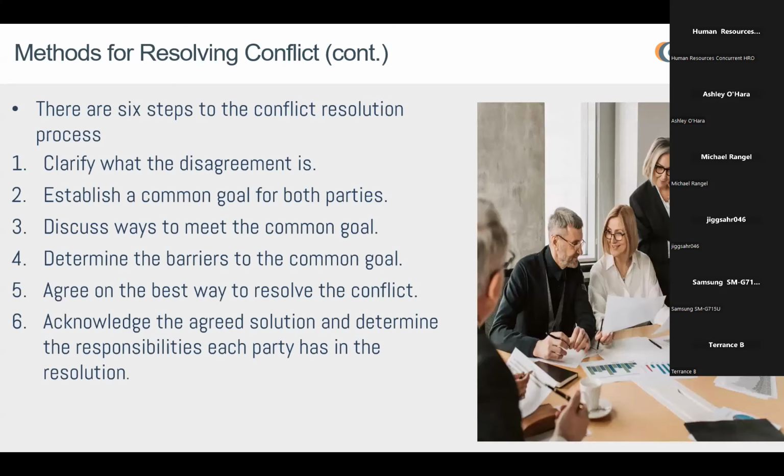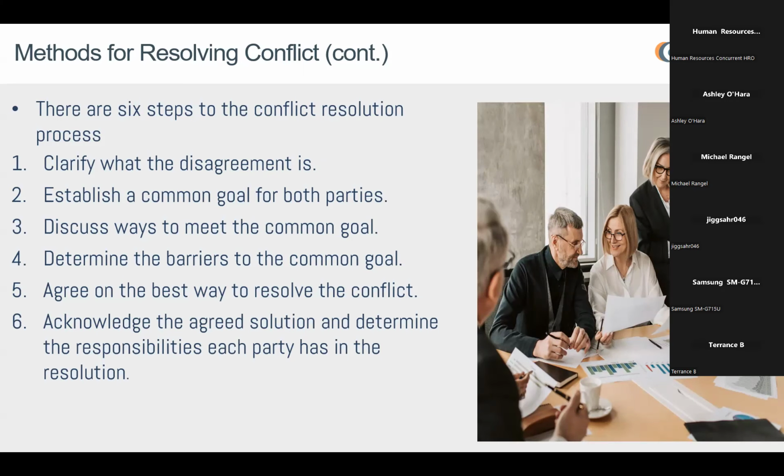All right. Methods for resolving conflict. There are 6 steps to the conflict resolution process. Clarify what the disagreement is. Do you have the same understanding as the other individual or individuals?